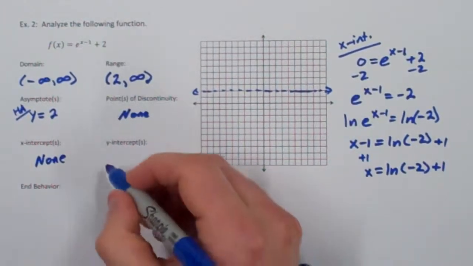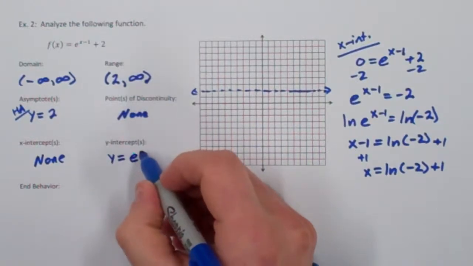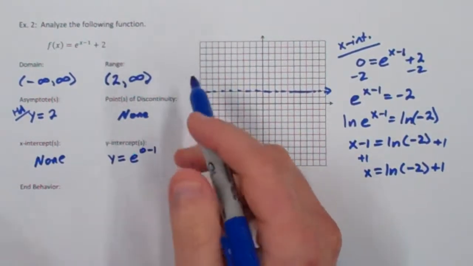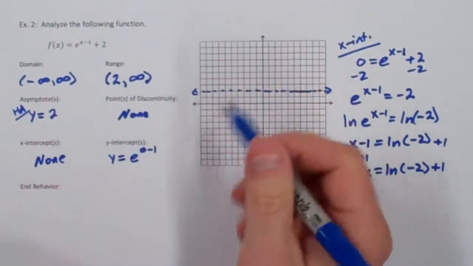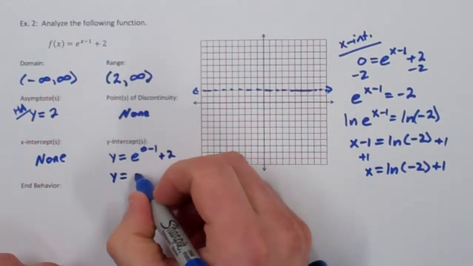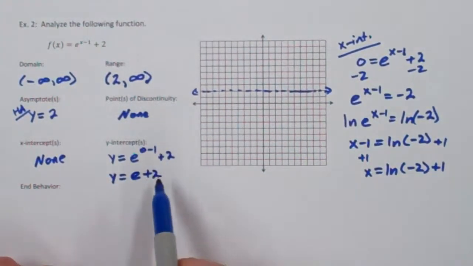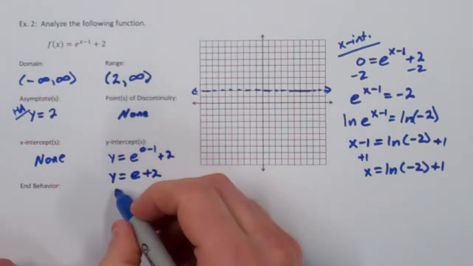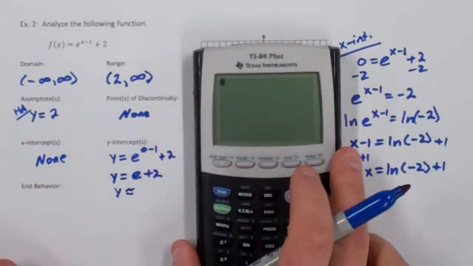To figure this one out, all we need to do is just plug in 0 for x. So you can see to find the x-intercept, you plug in 0 for y. For the y-intercept, you plug in 0 for x. And we'll see what happens here. So we've got y is equal to e to the first, which is just e, plus 2. This would be the exact answer. If you want to write an approximation, that's fine too. It's of course super helpful for graphing.